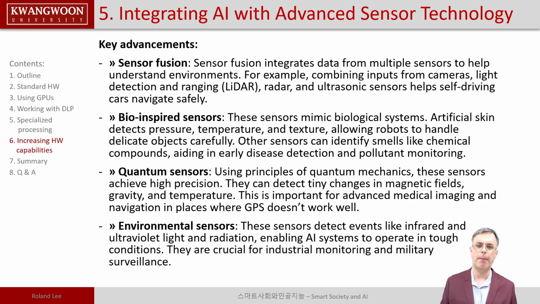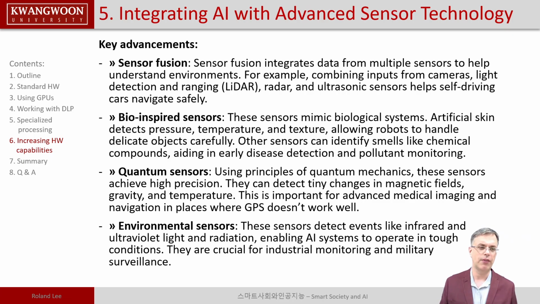These sensors mimic biological systems. Artificial skin detects pressure, temperature, and texture, allowing robots to handle delicate objects carefully. Other sensors can identify smells like chemical compounds, aiding in early disease detection and pollutant monitoring.